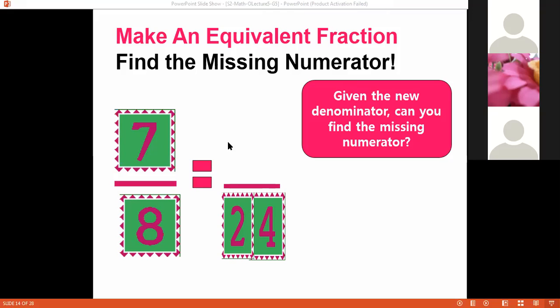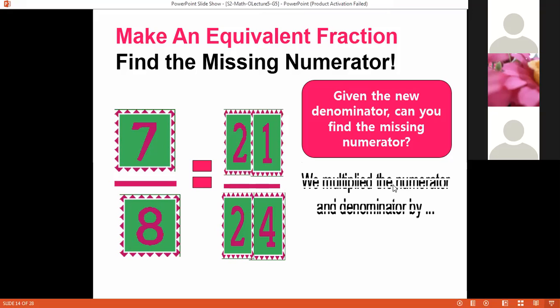Excellent. It's 8 times 3. So what's 7 times 3, Hussein? 7 times 3. It's 21. Very good. So it's 21 and we multiplied the fraction by 3. Thank you, Hussein.